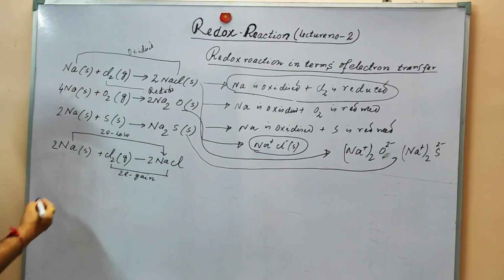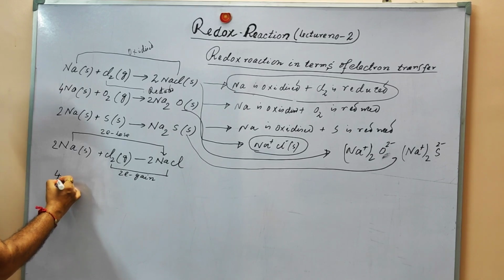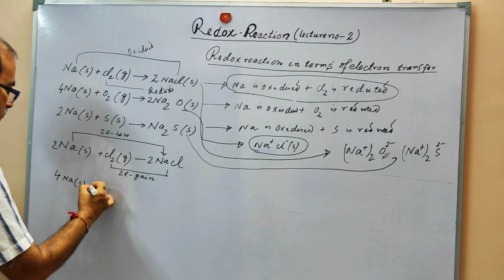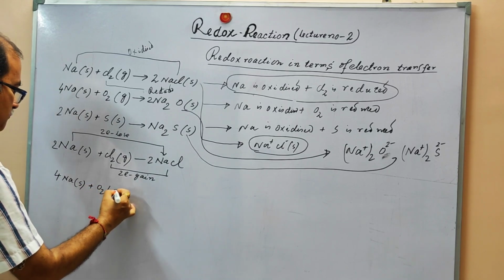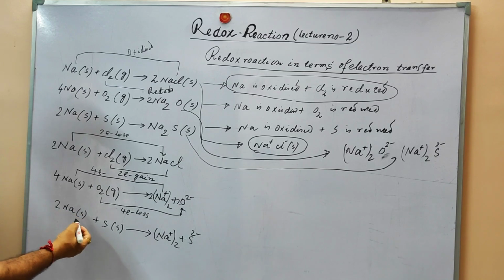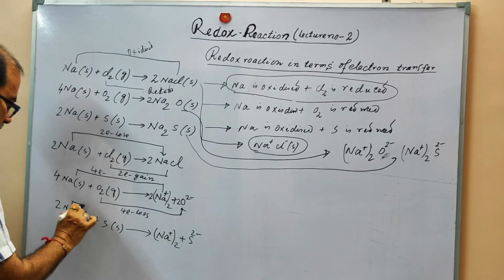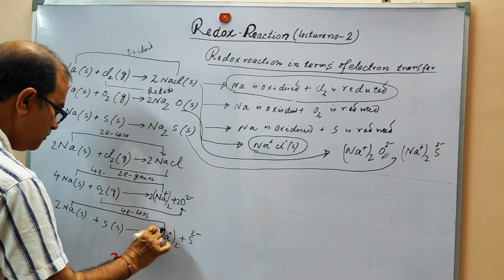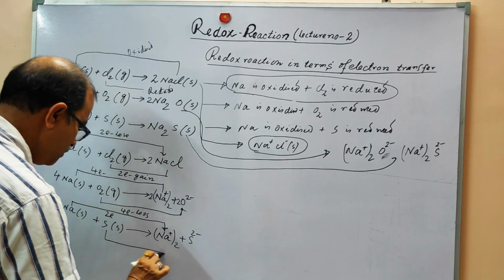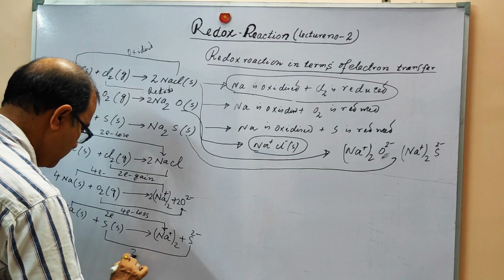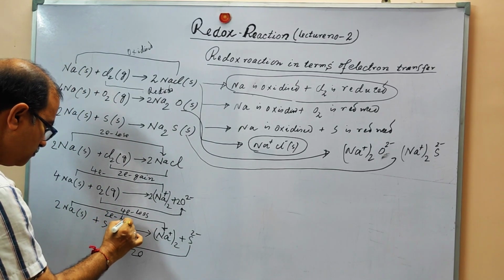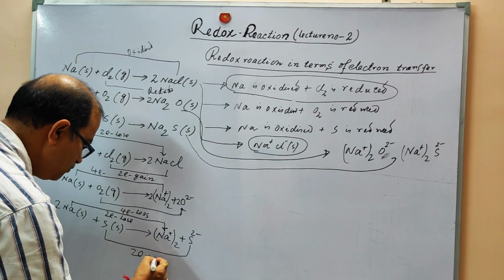The same way we can write this also. In the third equation you can see that sodium again loses 2 electrons, and the 2 electrons are gained by sulfur. So 2 electrons lost and 2 electrons gained.